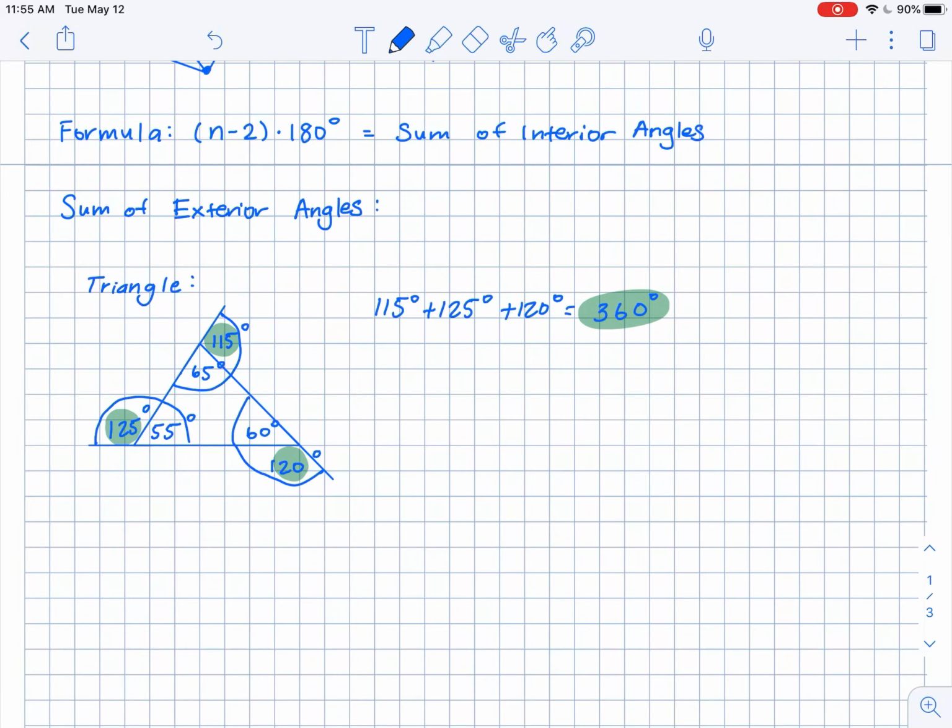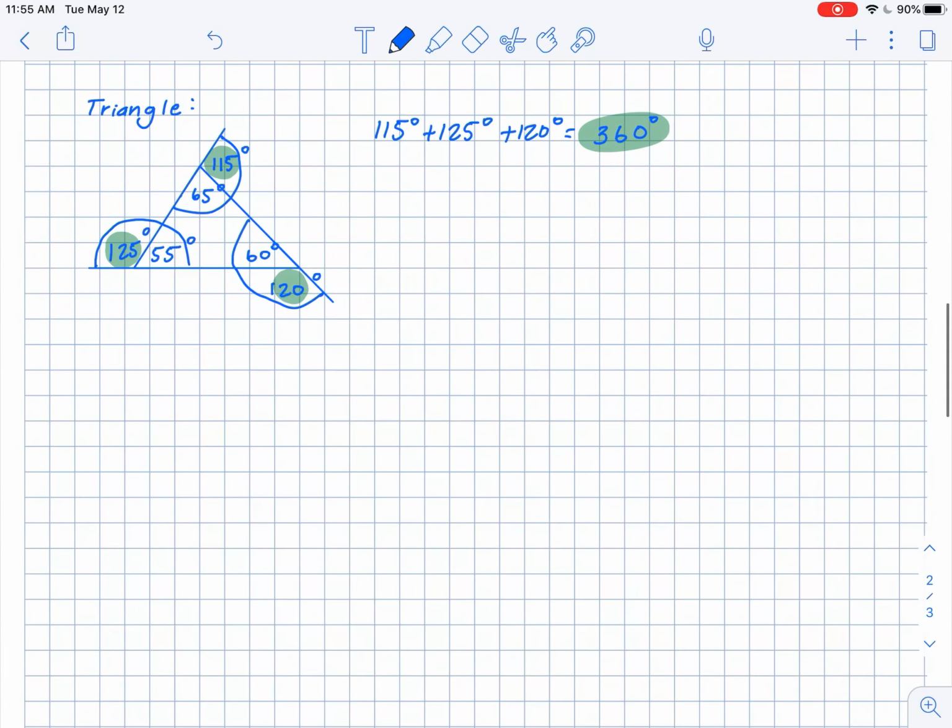Okay. Now, let's see what happens when we look at a quadrilateral. Okay. Let's use a parallelogram. Okay. Let's make this.